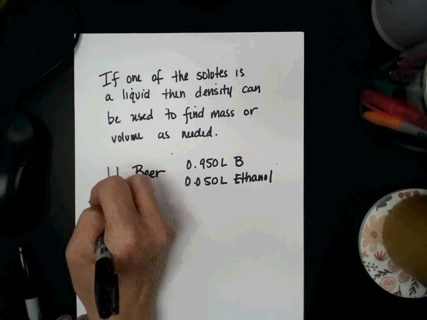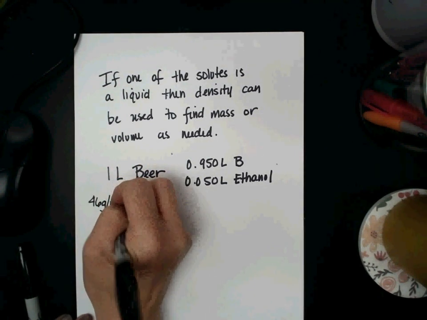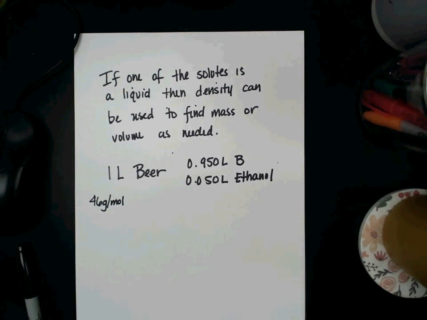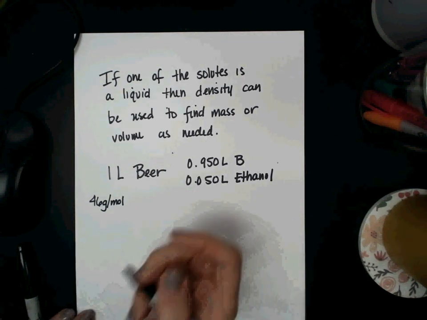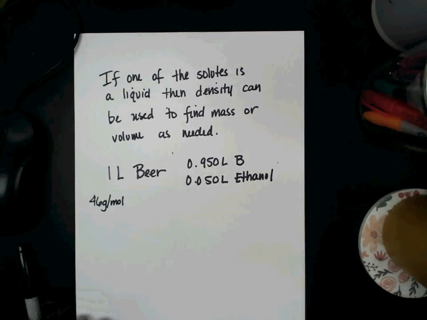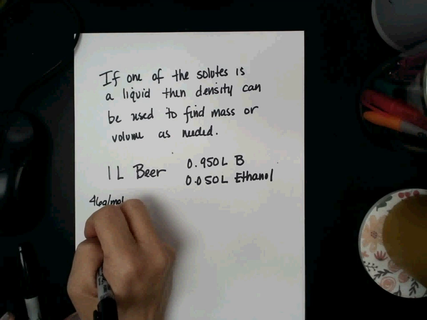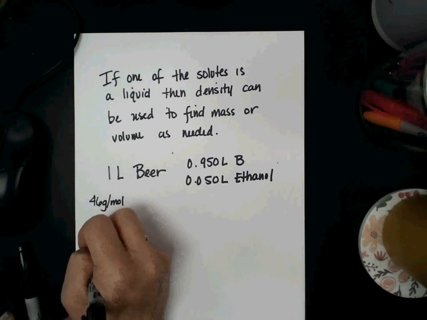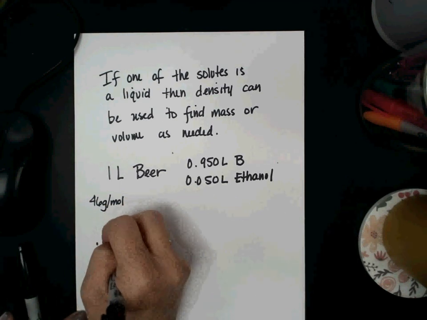What's the molar mass? You got it, Lucas? 46. You guys agree with him? Yeah, that's right. Okay, so I want to know about the ethanol. Calculate the molarity of ethanol. Did I write that on your paper? Yeah, okay. So I'm going to find the molarity.